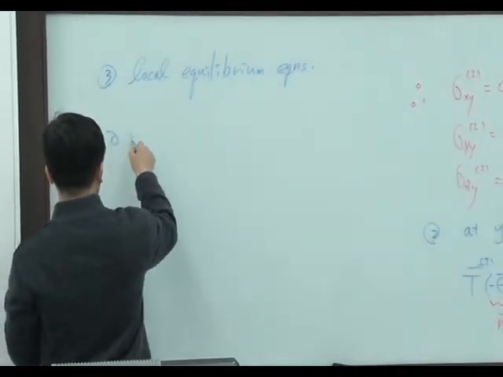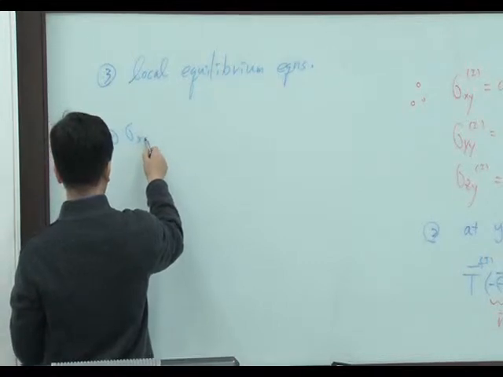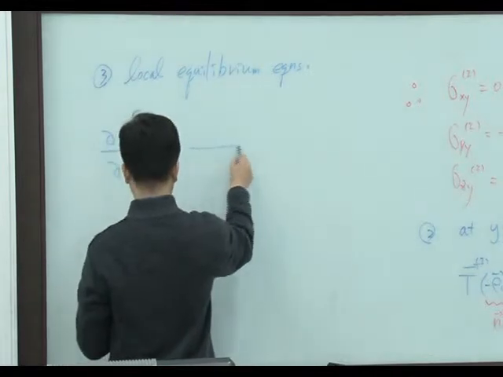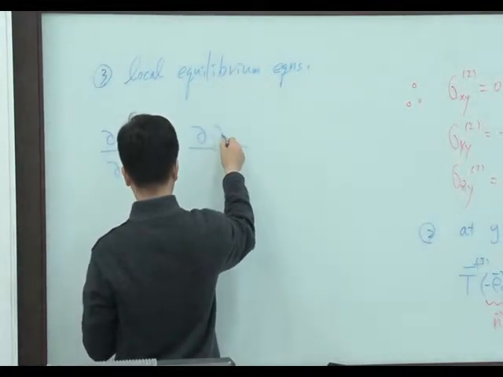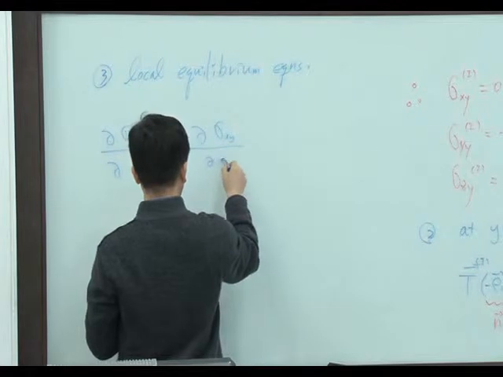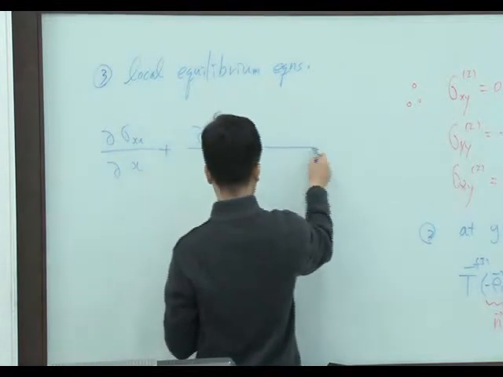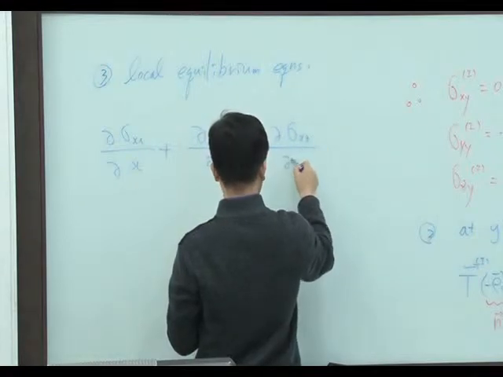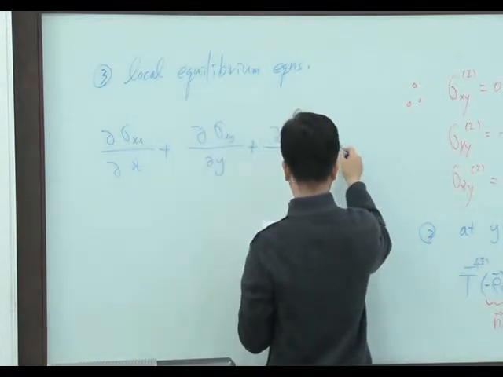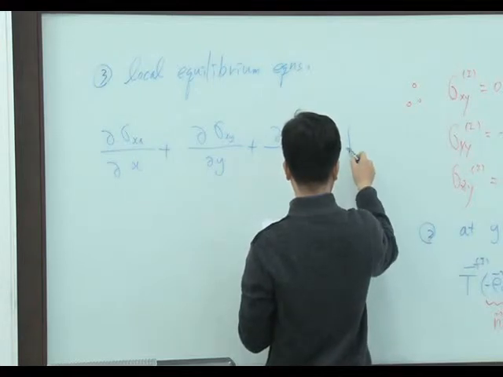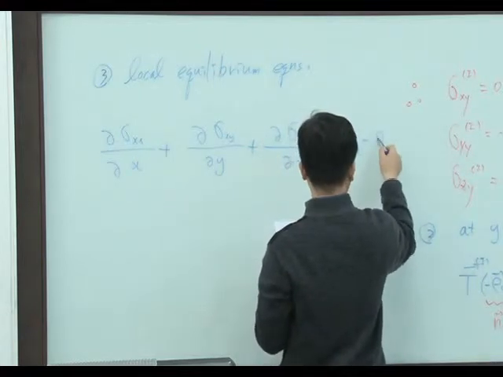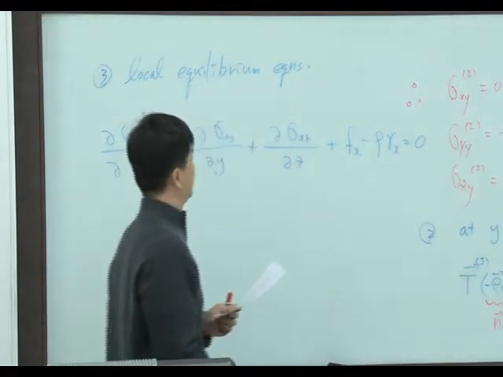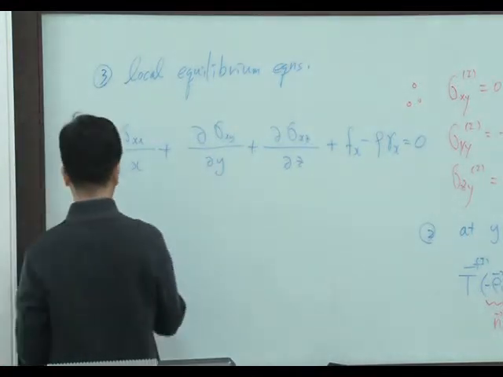I'm going to write down: xx, xy, xz plus fx minus rho gamma x equals 0. This is the first equation.